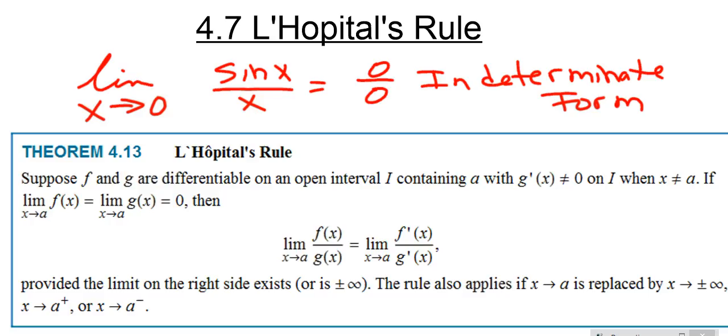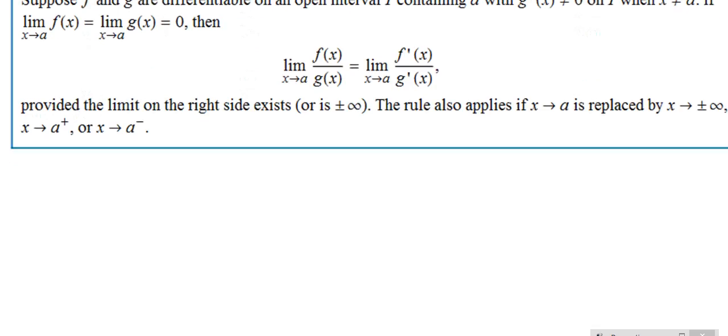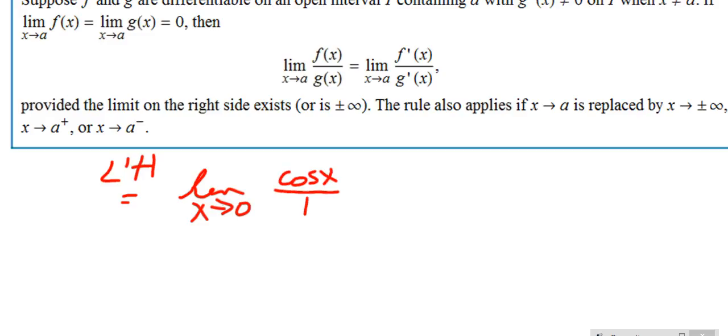So it turns out that I can then use the sine x over x limit, and if I apply L'Hopital's rule to it, which I will denote with this, as x goes to 0, I take the derivative of sine x, which is cosine x, and then over the derivative of x, which is 1.